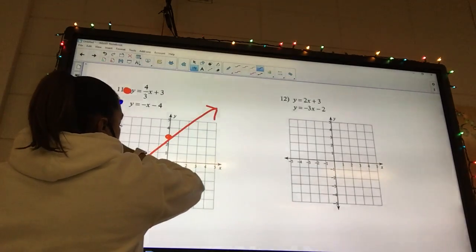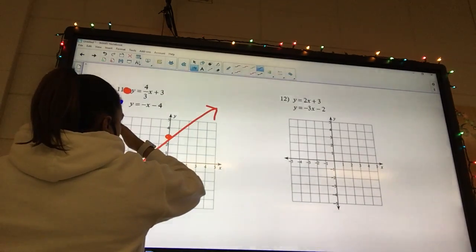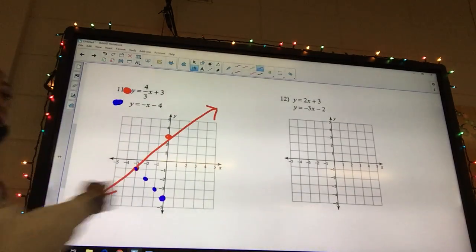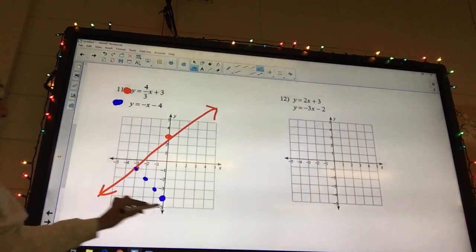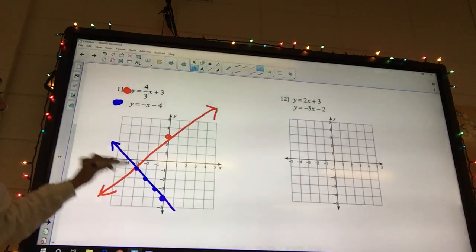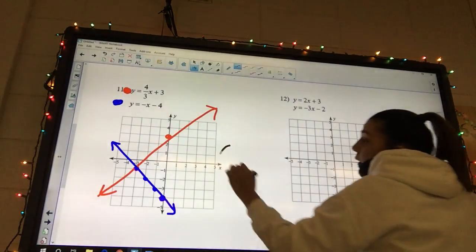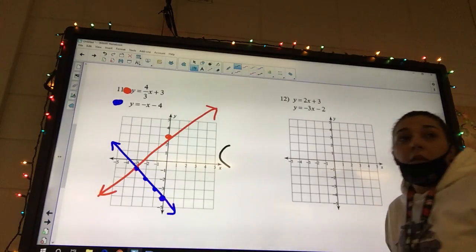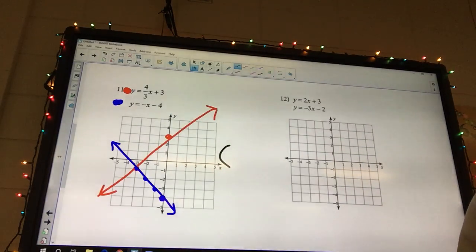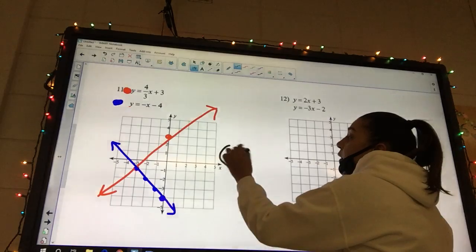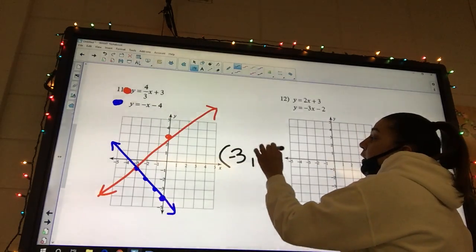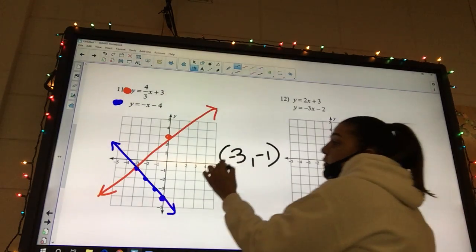My line needs to go this way. So I have to go up 1 over 1, up 1 over 1, up 1 over 1, until you see your connection point. Okay, and then you can go ahead and draw your line. And so they connect at what? What's that coordinate? -3, -1. Okay, which is right here.